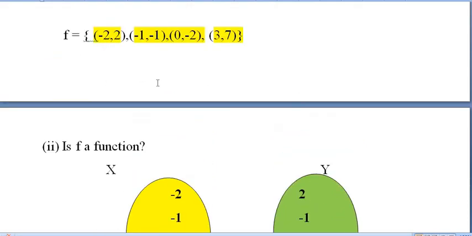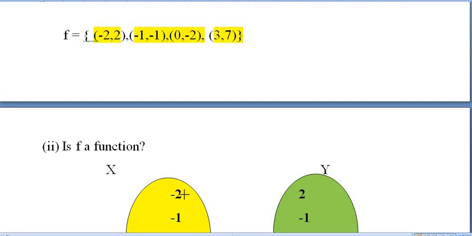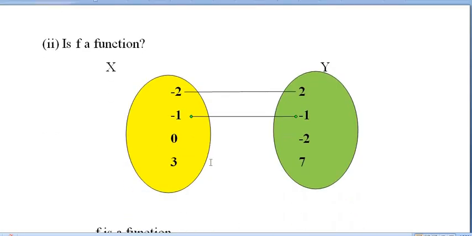So minus 2 is joined with 2. Minus 1 is joined with minus 1. And 0 is joined with minus 2.